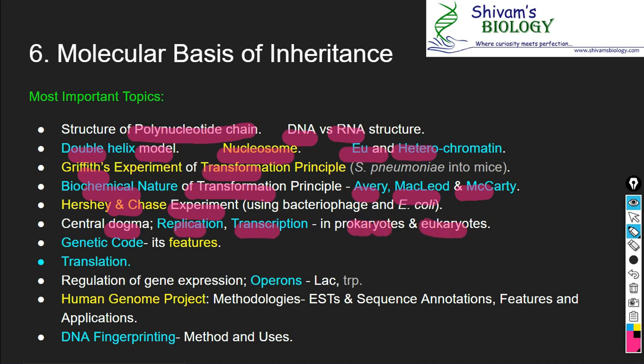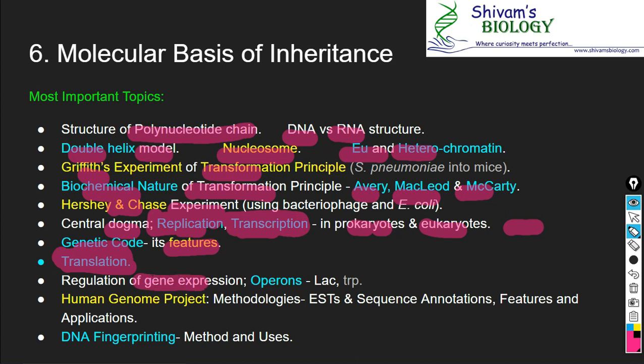It also includes the process of translation too. Before translation, you should study genetic code and its features. After that, translation. These three topics, that are replication, transcription and translation, must be studied in ample detail. These are very conceptual topics and you should understand them very well.